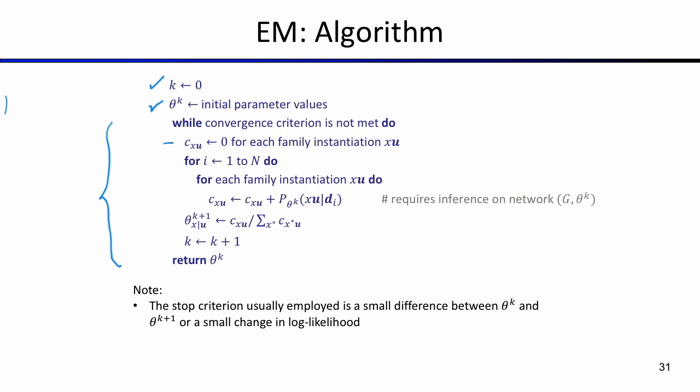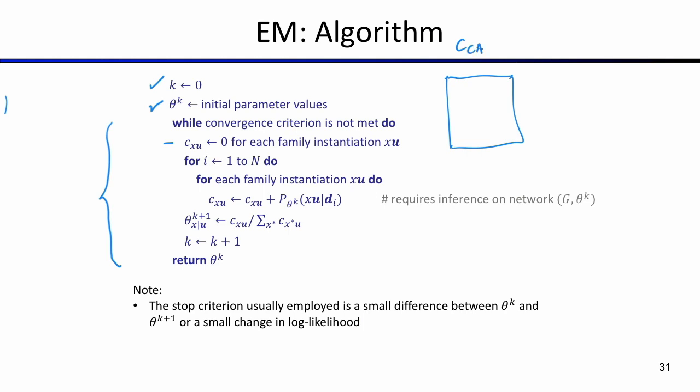So for Bayesian networks, we are interested in estimating the parameters, and we know that parameters are tables for each variable that make reference to this variable and also the parents that we have. So this C_XU is going to be like small tables that make reference to all the possible values of X and the parents U. So we can think like we have estimated a parameter that was involving the variables C and A. So we can think that this C_XU for the variables C and A is going to be a small table.